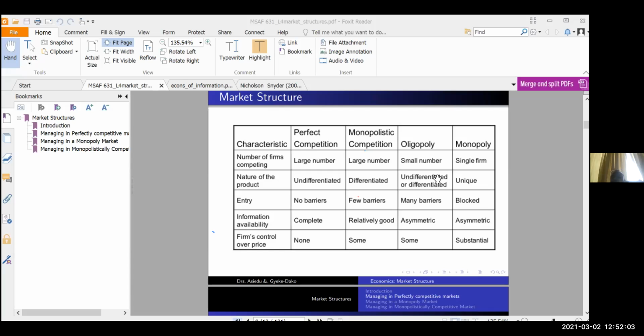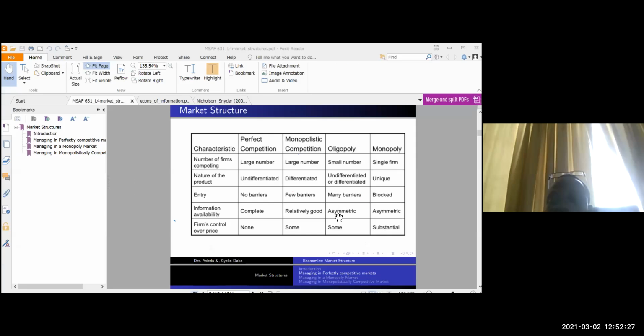As long as it's a small number of firms, differentiated or undifferentiated. In terms of barriers, there are many barriers. Information is asymmetric, just like monopoly, and there's also some control. So small number of firms, differentiated or undifferentiated, many barriers, asymmetric, and some control.